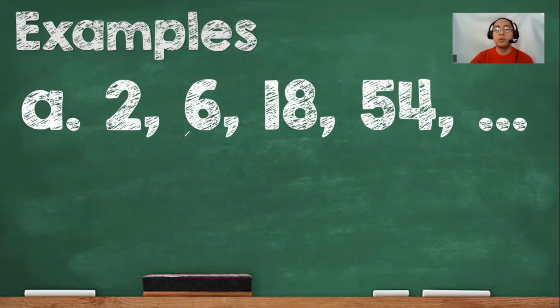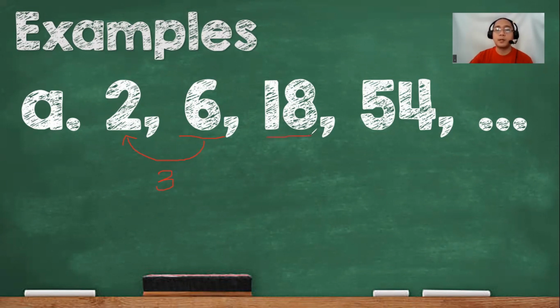First thing we'll do is to test the second term, divide it by the first term, and we have the result of a quotient which is equivalent to 3. Now, if the next quotients, at least 3 quotients, are common, we can say that this sequence is a geometric.